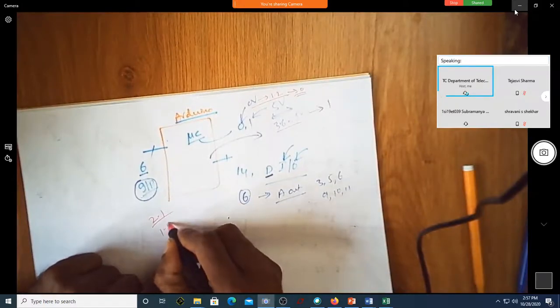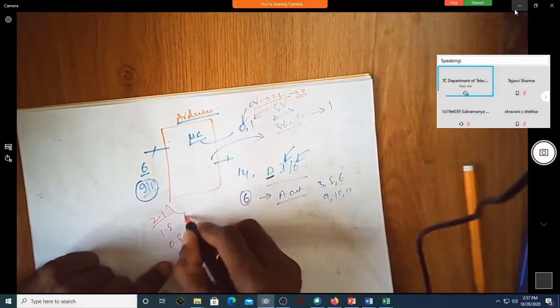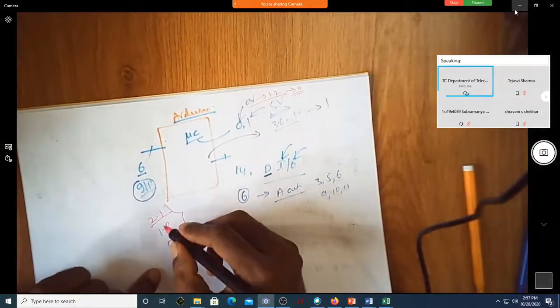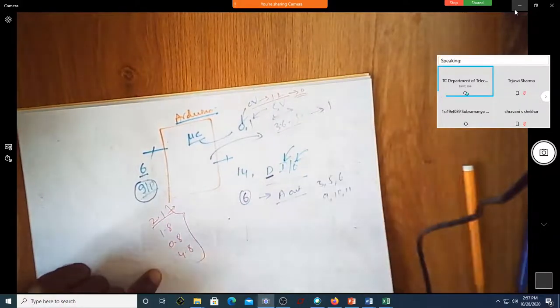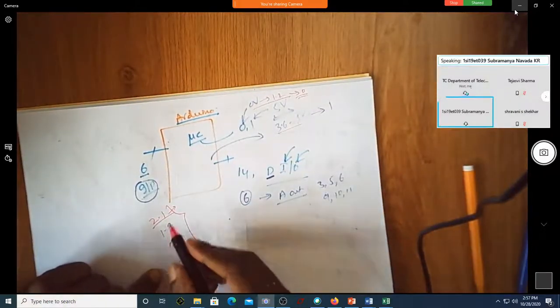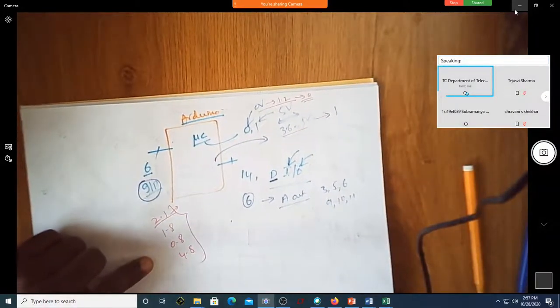Now assume that you have 2.1 volt. Assume that you have 1.8 volt. Assume that you have 0.8 volt. Assume that you have 4.8 volt. All these are different voltages which are analog in nature, which keep on changing. I cannot say this is a digital value, because all real-time values are analog in nature.